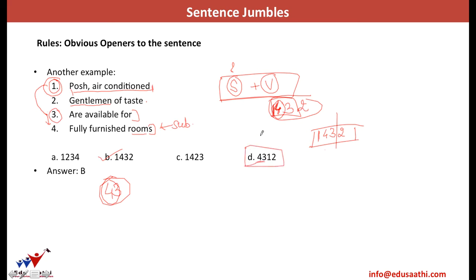No, it is not the answer, because this part of the sentence has to be near the subject. Why? Because it is qualifying the subject. As per the modifier theory, adjectives are to be placed as near to the noun as possible. So "posh and air conditioned" is kept before the rooms.